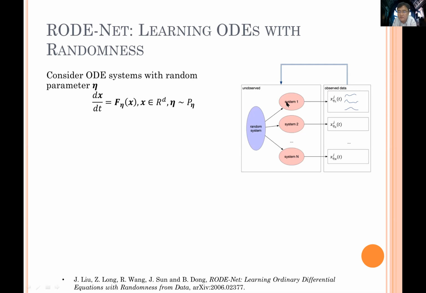That means each given system is an instance, a realization, a sampling from a random system, which is an ODE with coefficients that are random variables. We fit the system so that it can better describe all those systems, and so that we can figure out the governing equation behind all of them.